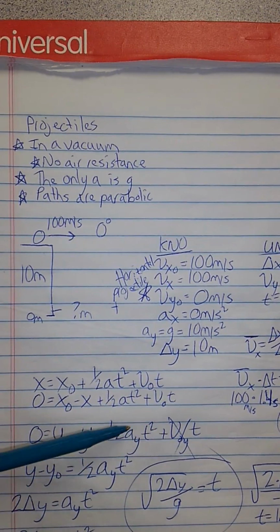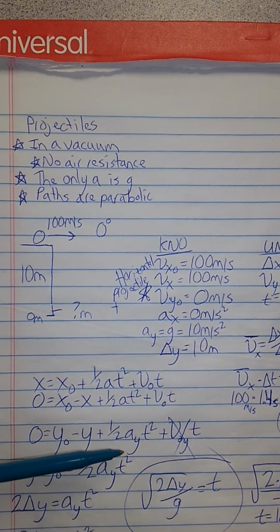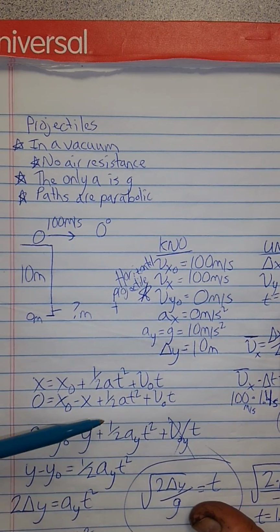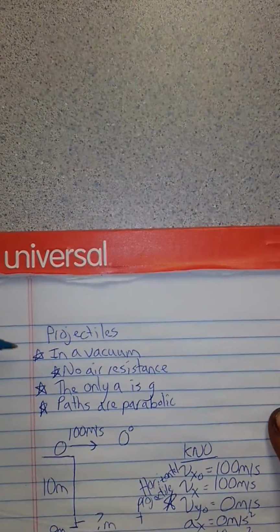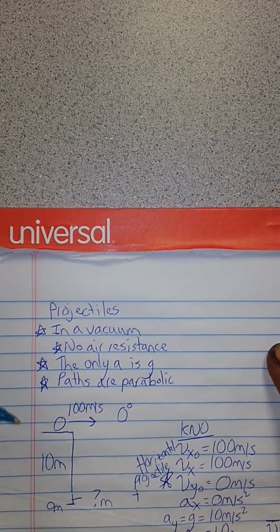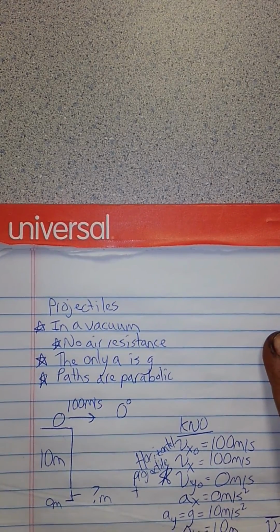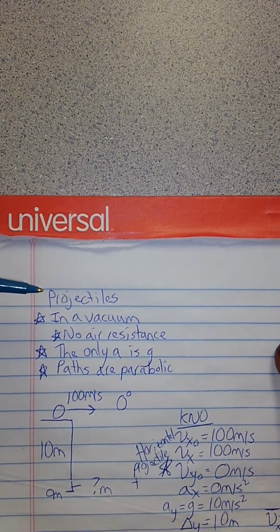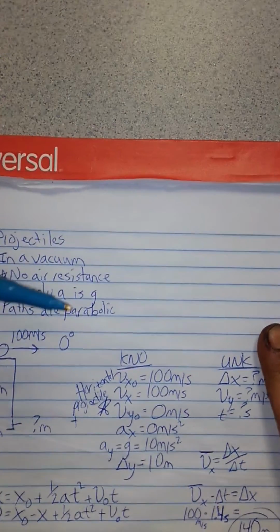Instead of turning into a true quadratic, it just becomes a basic, simple algebraic problem. Right? In closing, don't forget about these important things with projectiles: projectiles are in a vacuum. There's no air resistance, and because there's no air resistance, that velocity will stay constant.